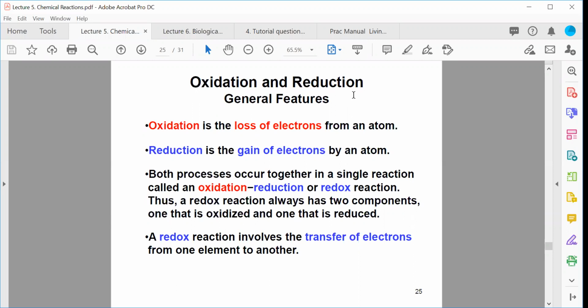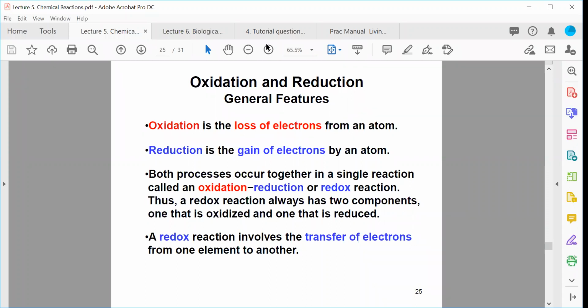So two different types of reactions, oxidation reactions and reduction reactions, but they always go together. All right, so what is oxidation? Oxidation is the loss of electrons from an atom, whereas reduction is the gain of electrons by an atom. So this is very counterintuitive and very confusing because we're saying reduction, but then we say gain.